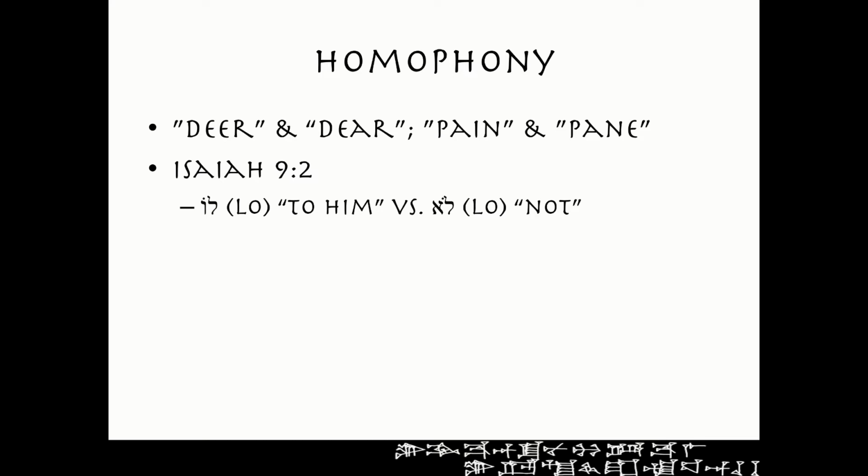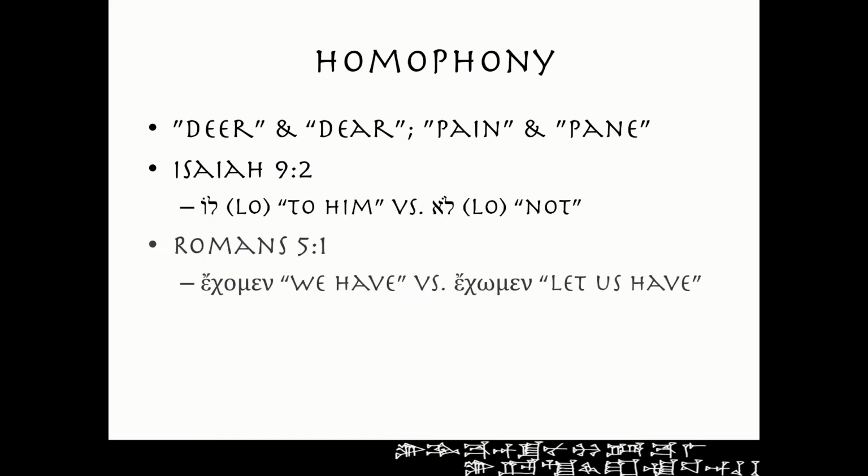In Isaiah 9:2, we have the word lo, lamed vav, which means to him, or in other manuscripts, lo, the word for no or not. You can see the sounds are exactly the same, lo and lo, so you can see how those two would be mixed up.